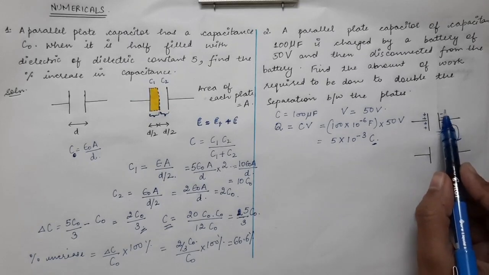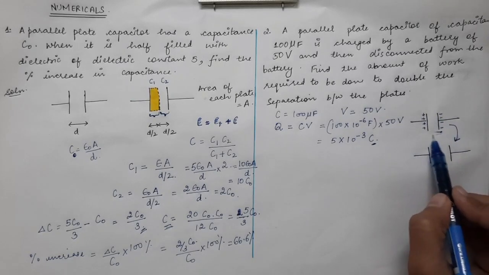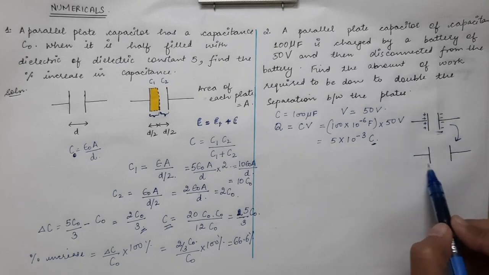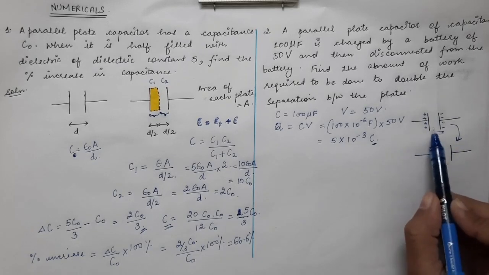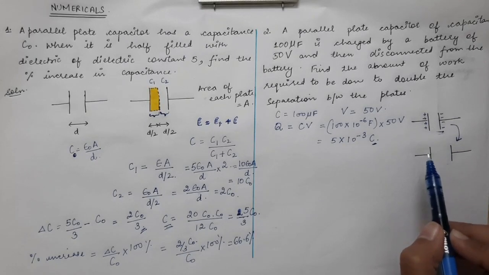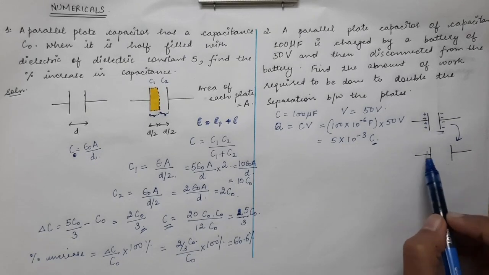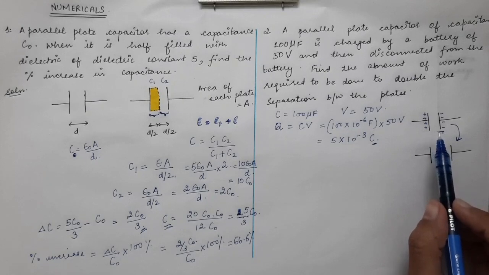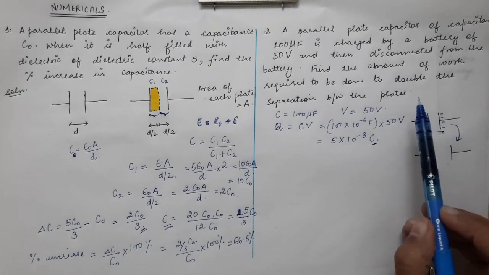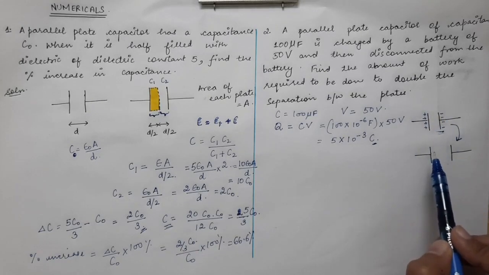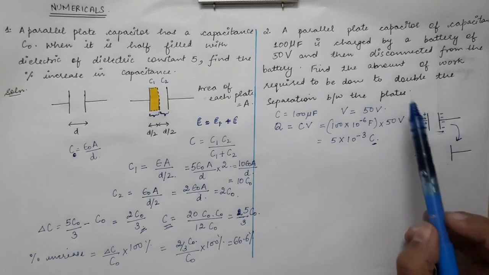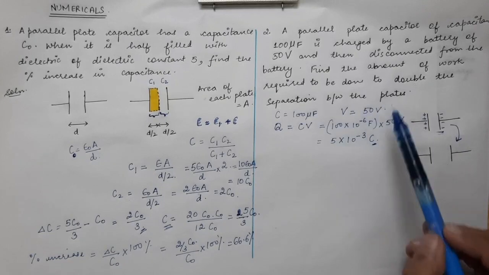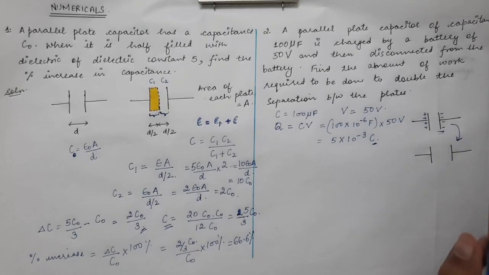Then we will subtract both the potential energies and from that difference in potential energy, we will find the amount of work that must be done. So that difference in potential energy will be nothing but the amount of work that we must do so that we could double the separation between the plates of the capacitor.